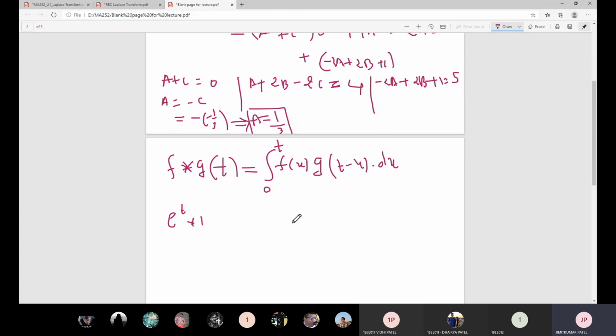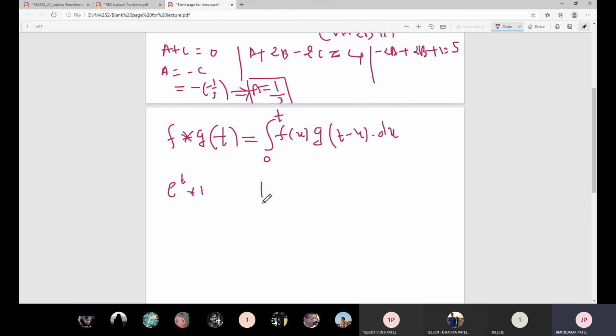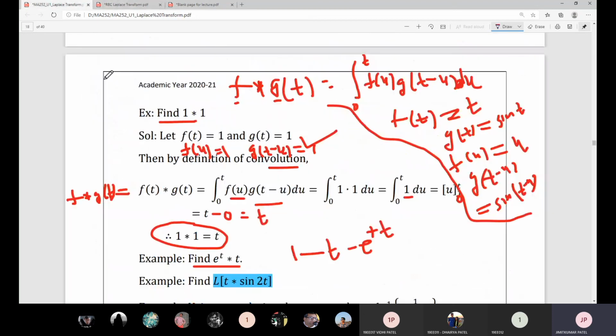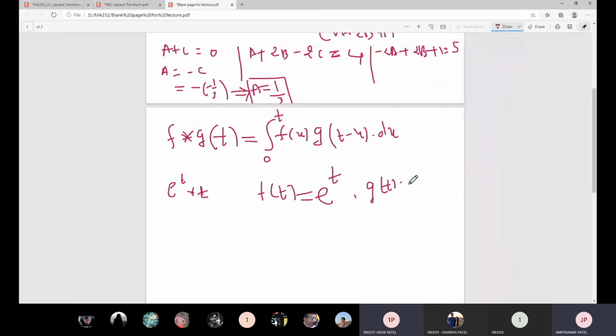So what is our f of t? f of t will be e raised to t, if you select it so, and g of t means t. So g of t is equal to t. Okay, so what is your f of u? f of u will be e raised to u, and g of t minus u will be t minus u.